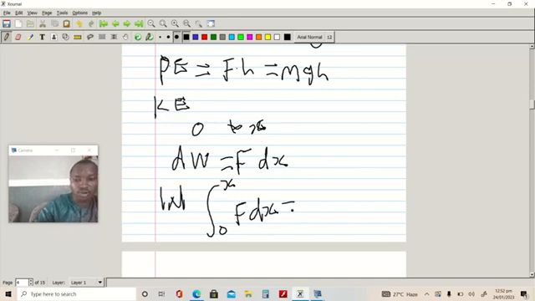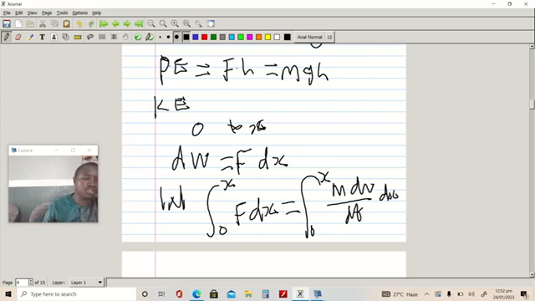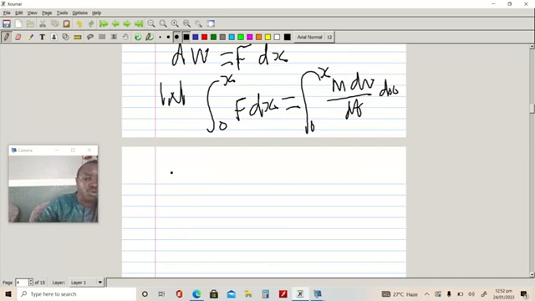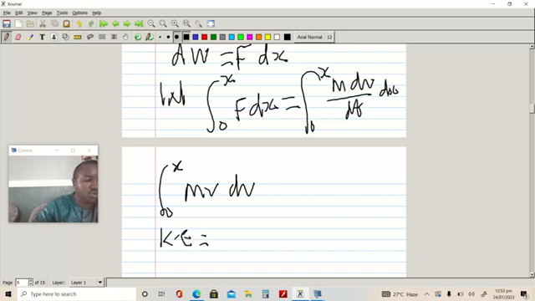And this is equal to the integral from 0 to x of m dv/dt dx, because dv/dt is the acceleration, since force is equal to mass times acceleration. This becomes the integral from 0 to x of mv dv. When you integrate this, you will have kinetic energy equal to half mv squared.